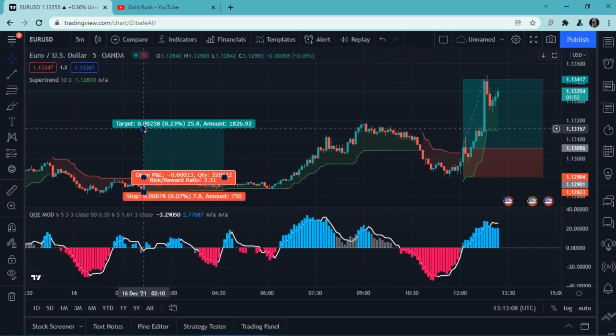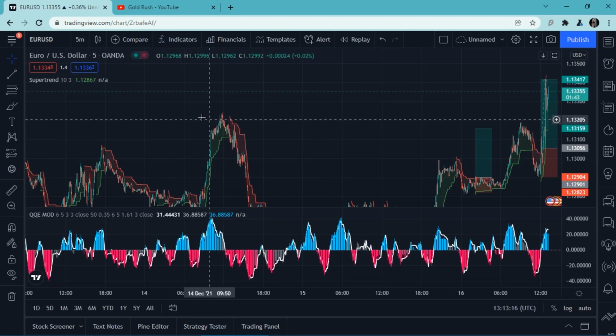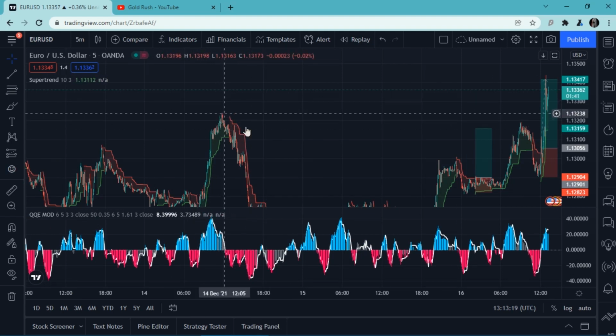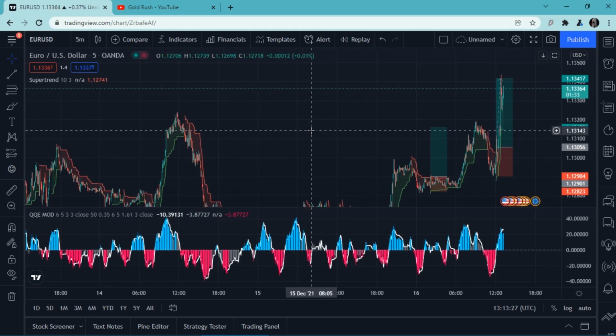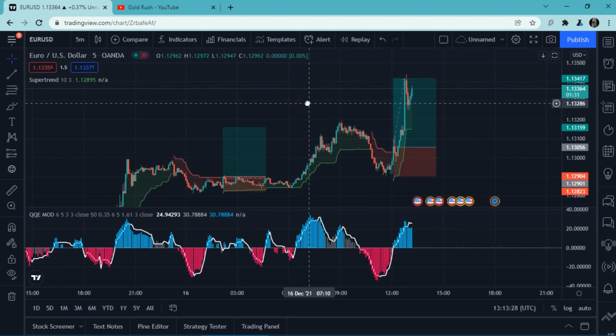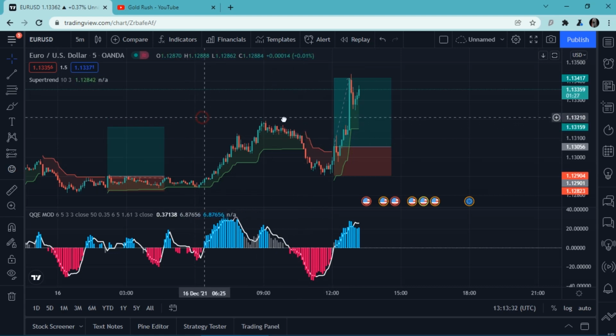Now for your actual take profits, you can use the next higher high. This is a higher high. I'm not going to be teaching all the forex terminologies, but this is a higher high. Instead of waiting for it to turn red and then going out, you can use a higher high.